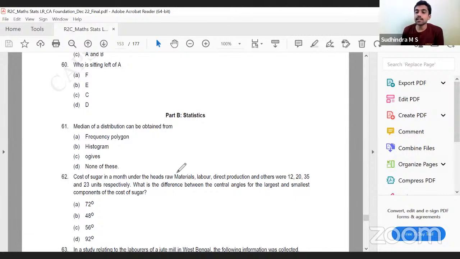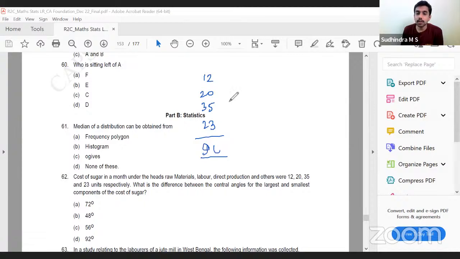So here, this is pie chart concept, right? We have to calculate the degrees. We have 12, 20, 35 and 23. Since we have not calculated the degrees, I'll calculate for all. But technically, we need not calculate for all. We need to just calculate for highest and the lowest. 12. What is the total? 90.